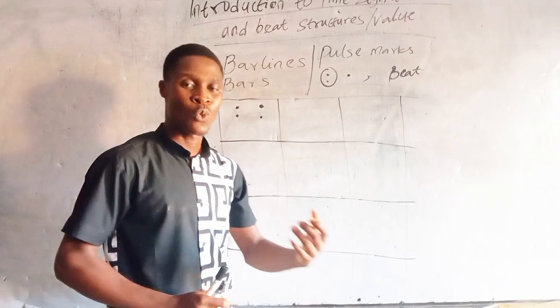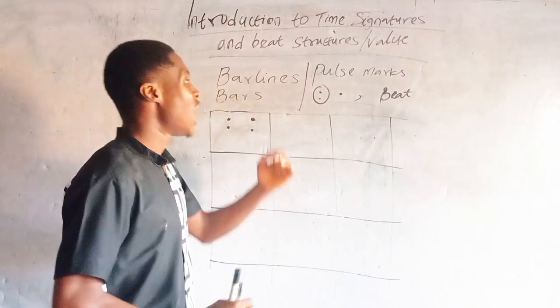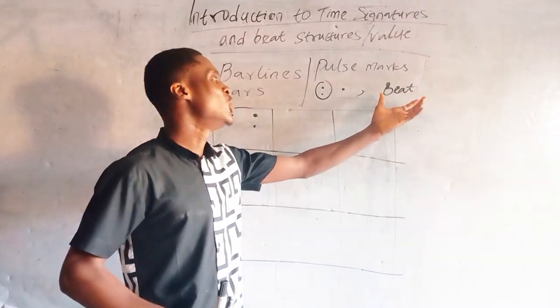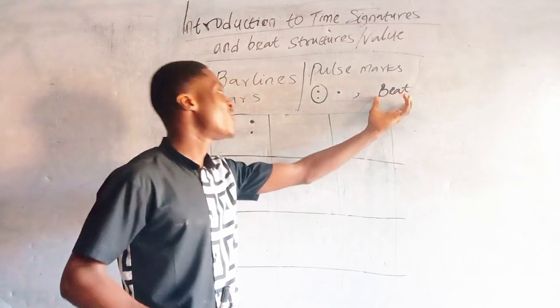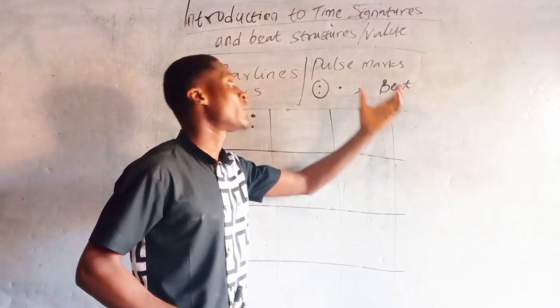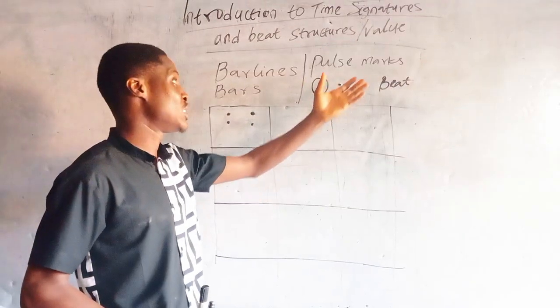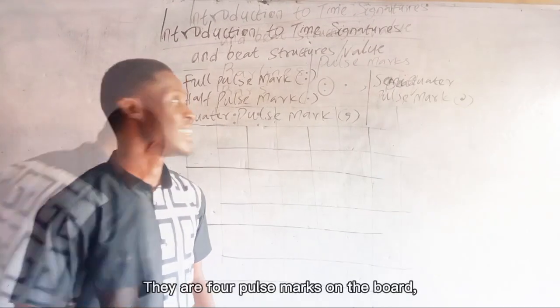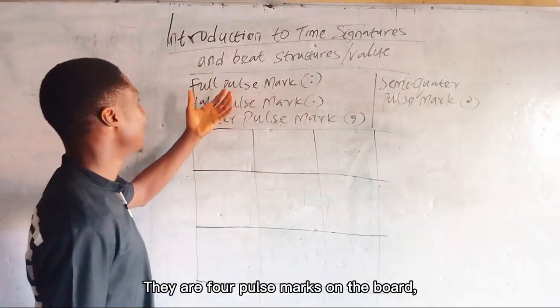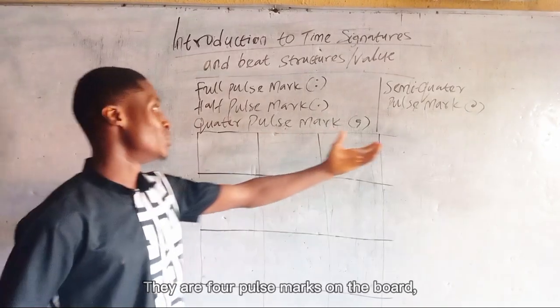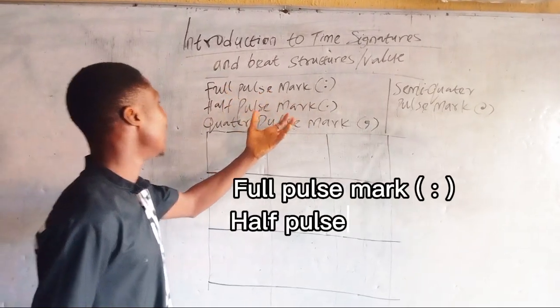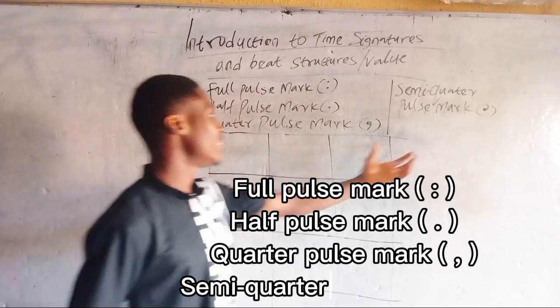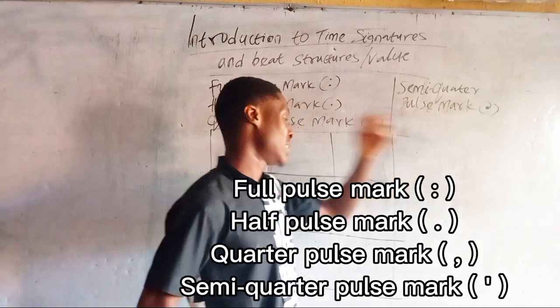Now let us expatiate on this pause mark, because we have full beats, we have half beats, we have quarter, we have semi-quarter. So how do we know which is a half beat, a full beat, a quarter, each of the pause marks? So we need to expatiate more on these pause marks in relation to beats. There are 4 pause marks on the board: the full pause mark, the half pause mark, the quarter pause mark, and the semi-quarter pause mark.